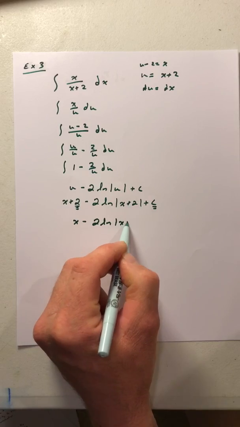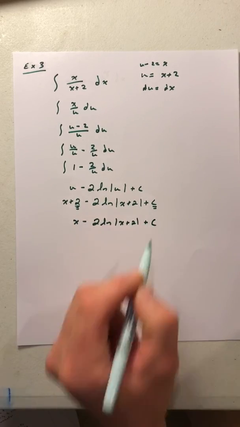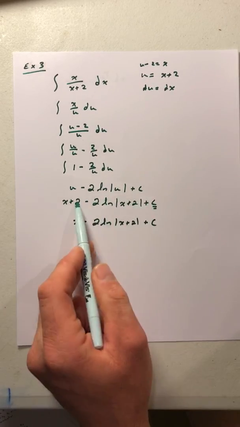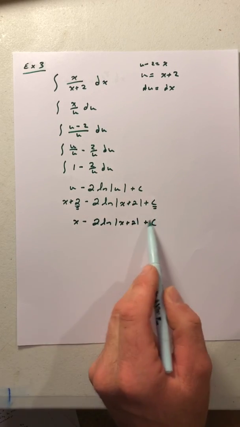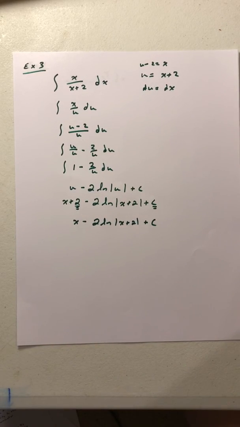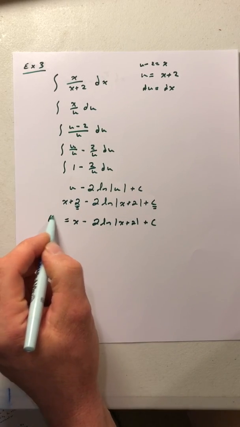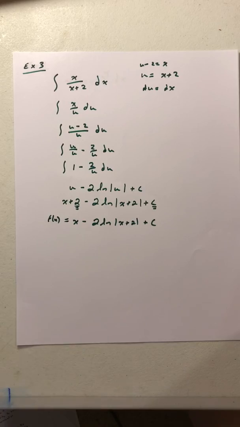It's going to give us another constant. So that 2 plus c is really going to give us another c value. And it's not going to matter if we leave it as the plus 2 or the plus c, but know that we can see it in both forms. And that gives us our nice, clean, original function, f of x.